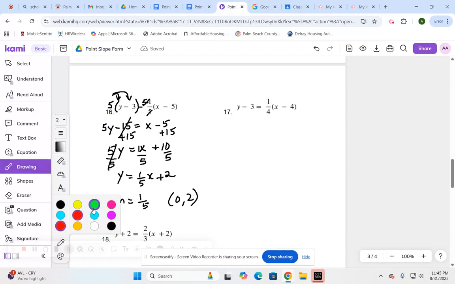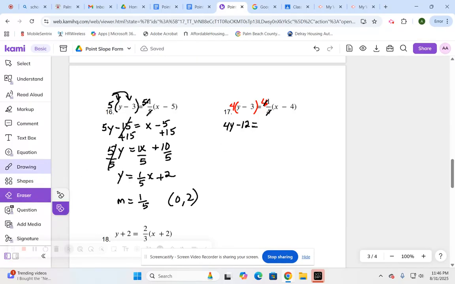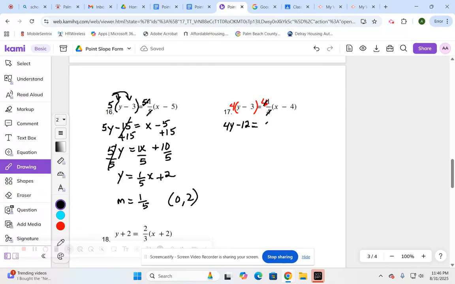Okay, we're going to multiply through by 4, both sides to get rid of the fraction. So we'll have 4y when we distribute minus 12 equals, the 4's will cancel each other out, and we'll have 1 times the parentheses, but actually we don't need the parentheses anymore, because there's nothing to distribute, so it'll just be x minus 4.